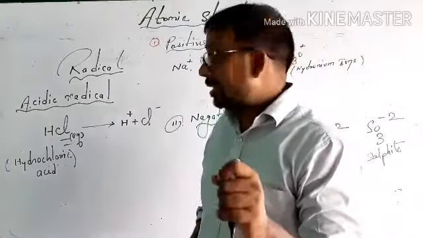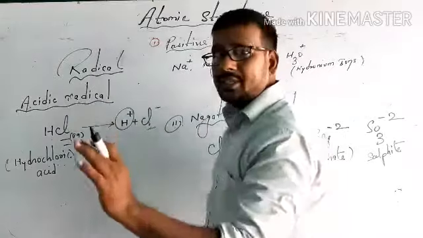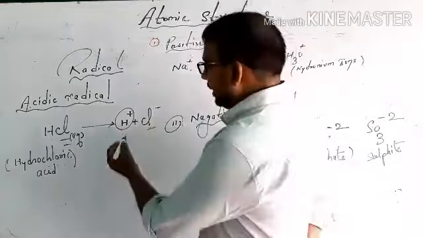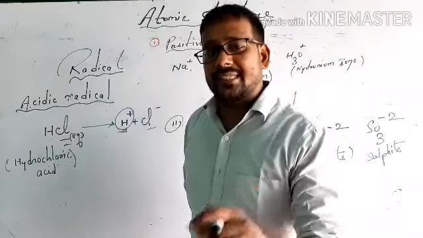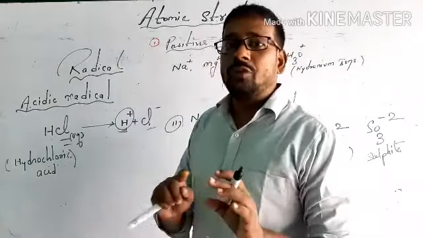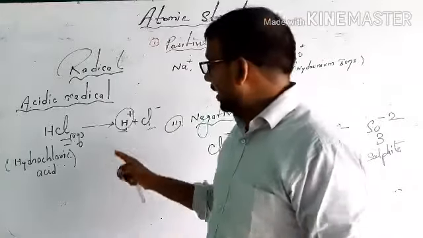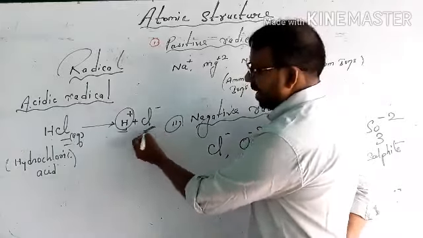So we should count only this radical, not this. H and OH are an indication of acid and base. H plus ion indicates acid. So you will not count the H plus ion. Always you will count the negatively charged particle, which is Cl minus.